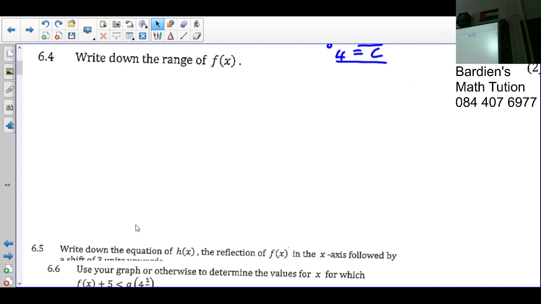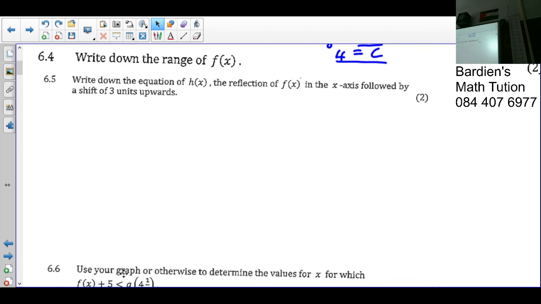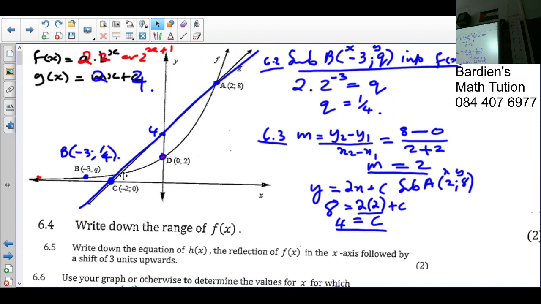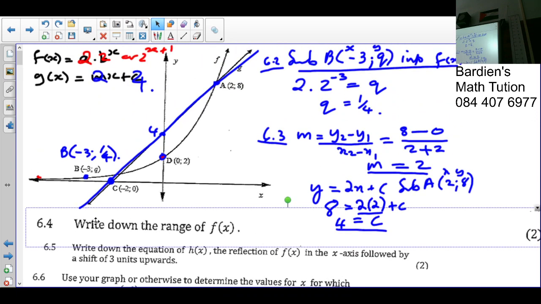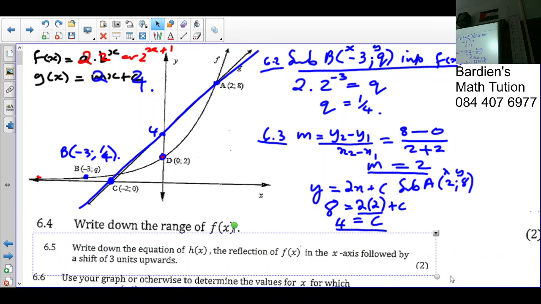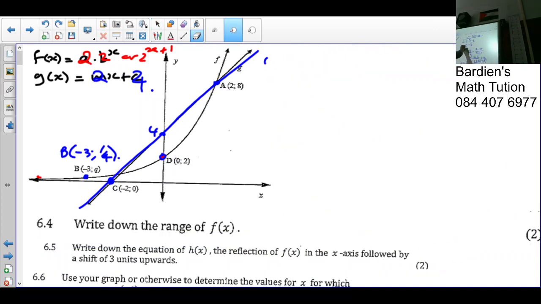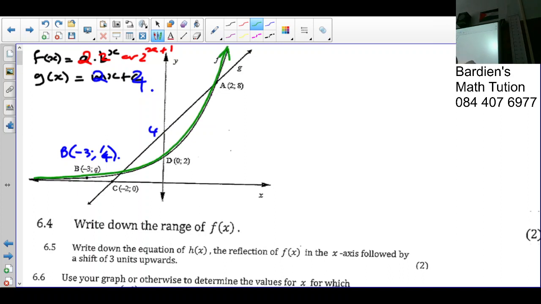6.4, the question is to write down the range of f. People, what's the range of a graph? All possible y values. The range is all possible y values. So if you're looking at f, does this graph exist at negative infinity on your y?